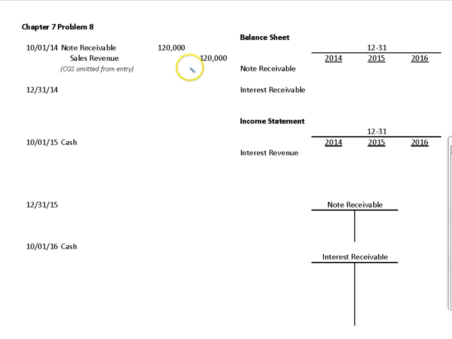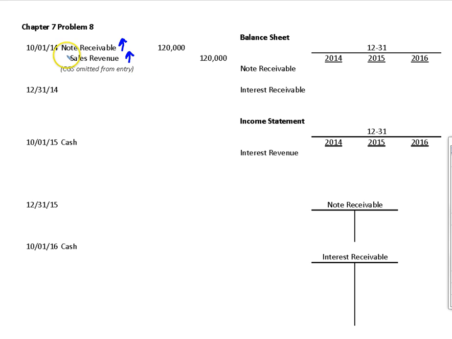So we have this $120,000 going into notes receivable instead of accounts receivable, and we've got our sales revenue. The problem doesn't ask for the cost of goods sold entry, but of course, if you're selling something, in addition to sales revenue, you would have your cost of goods sold expense and reduce inventory as well. They just didn't ask for it.